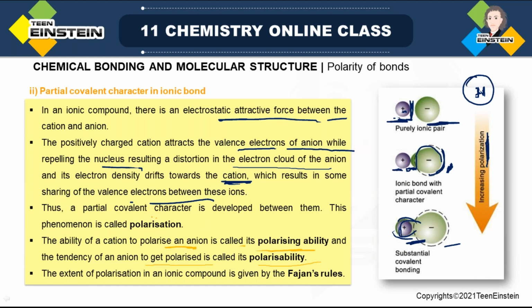The phenomenon is polarization, and from the point of view of the cation, as it is attracting the negative charge towards it, it is the polarizing ability of the cation. And from the anion point of view, as it is getting polarized, attracted towards the positive charge, and because of that the electron density is now deformed, polarization happening. So this is called polarizability.